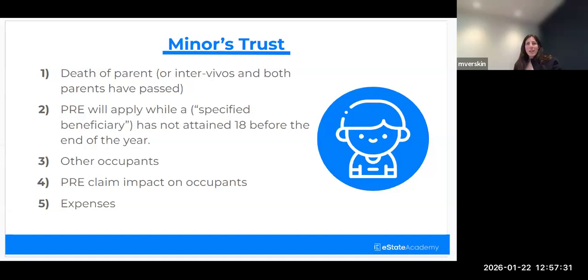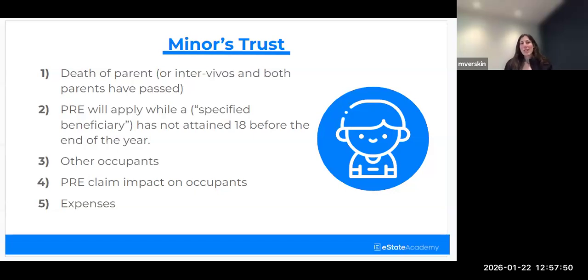So let's say one of the kids goes to university and they purchased a property there, but they come back in the summertime and they live in the family home. If you use the exemption in the trust on the main property, they couldn't then use it on their residence. So it's important to look at those side effects.